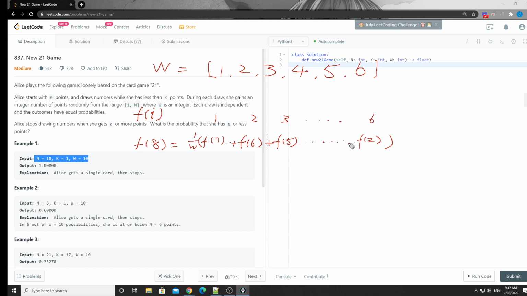So basically this is our DP state transformation function here. I'm going to rewrite this a little bit. So dp[i] equals what? 1 divided by W times dp[i minus 1] plus dp, sorry, I need dp.